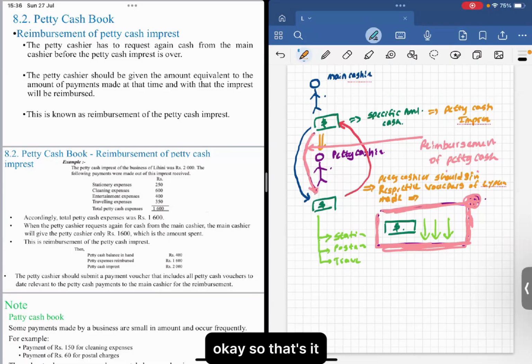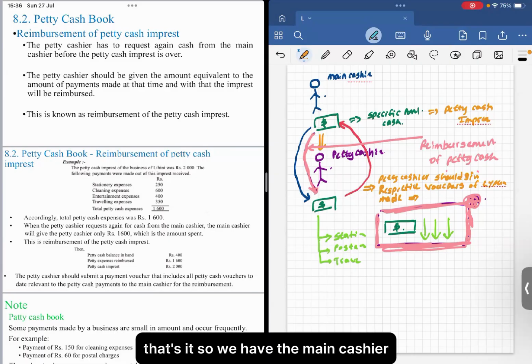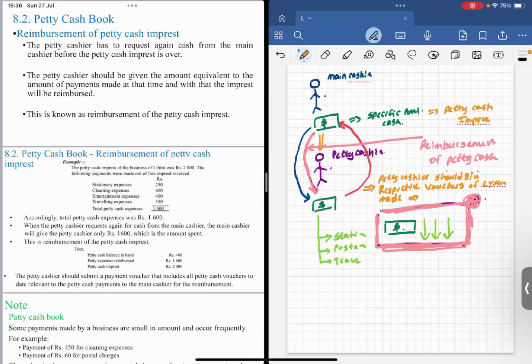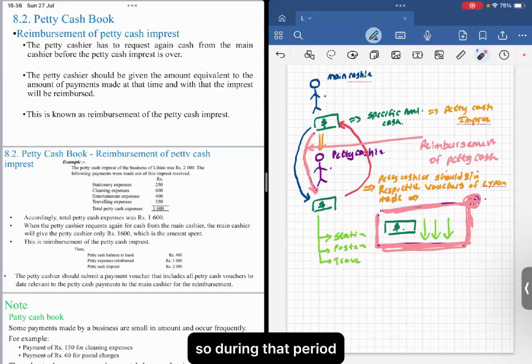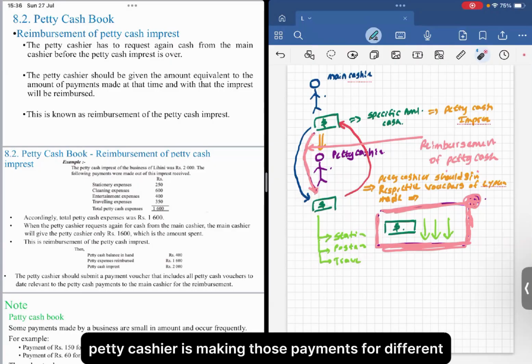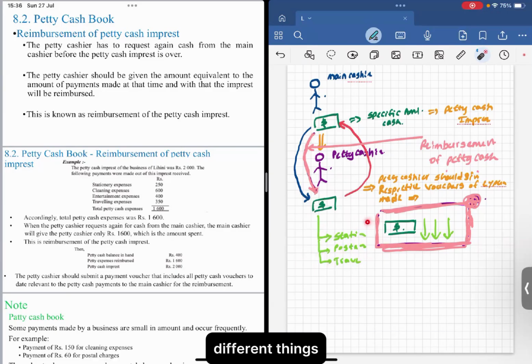So that's it. We have the main cashier and the petty cashier. The main cashier is allocating a specific amount of cash for the petty cashier to make the payments. During that period, the petty cashier is making those payments for different things.